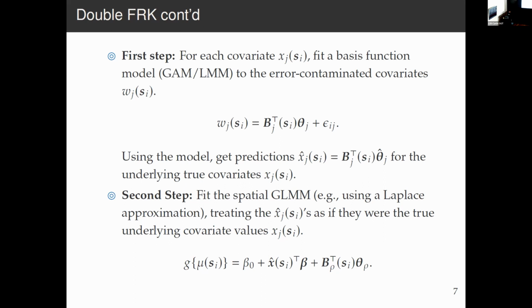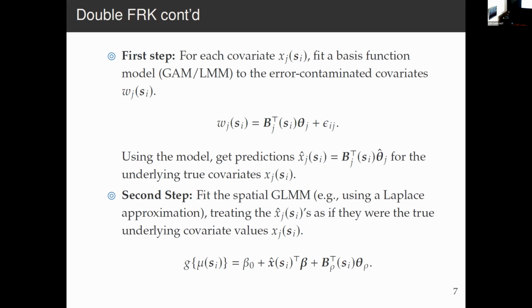So in the first step, we're going to fit this model here. Once you fit this model, you can pretty intuitively get predictions for the true underlying covariate xj, and we call those predictions xj hat. All you need to do is replace theta j here with the estimated or predicted theta j that you get from fitting this GAM or this LMM.